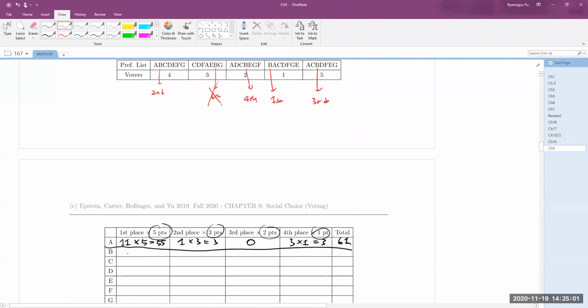So for the first place, there is only one voter who thinks that B is in the first place. And for the second place, there are 4 voters who think that B is in the second place. And for the third place, there are 5 voters who think that B is in the third place. And for the first one, there are 2 voters who think that B is in the first place. So if you add all those numbers, then it should be 29.